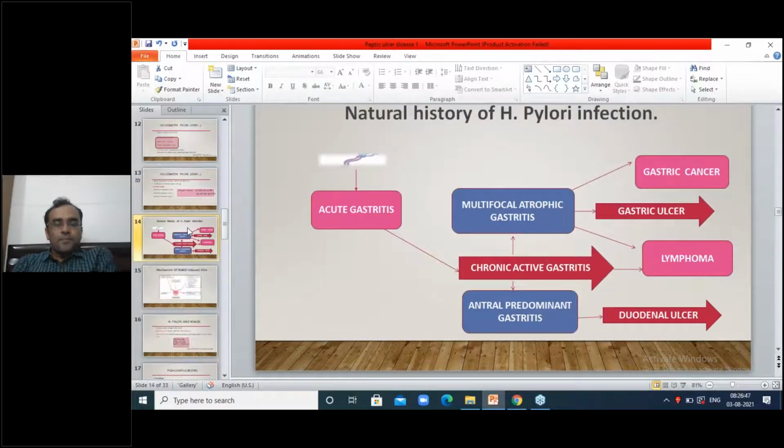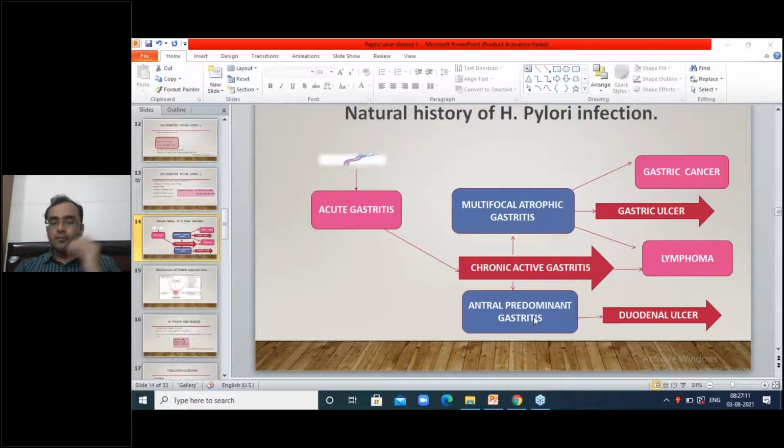If we talk about the natural history of H. pylori infection, H. pylori causes an acute gastritis, which leads to the development of chronic gastritis. Chronic gastritis is basically of two types: either a pangastritis, involving the whole of the stomach, or an antral predominant gastritis.